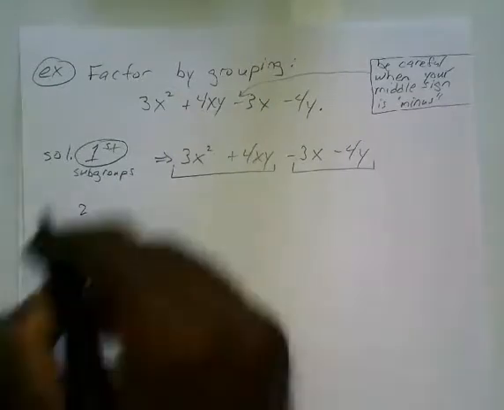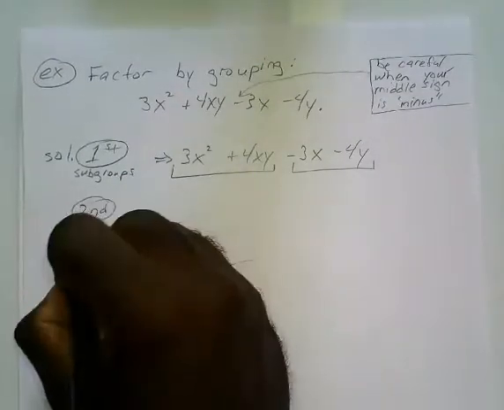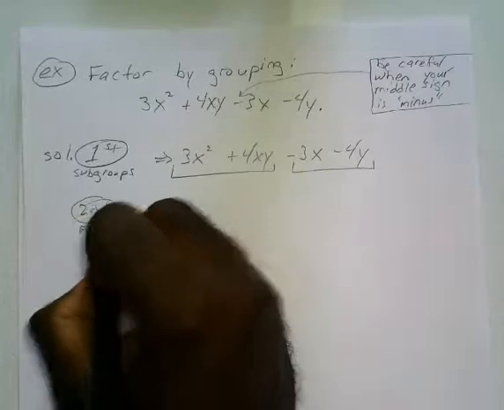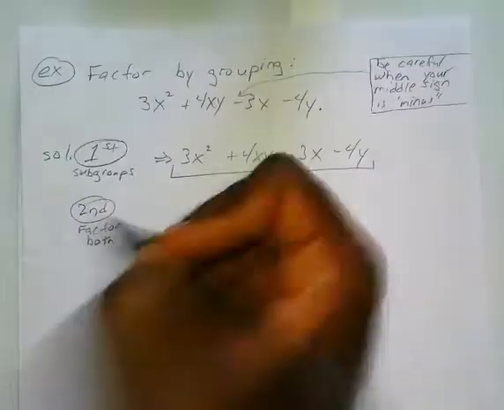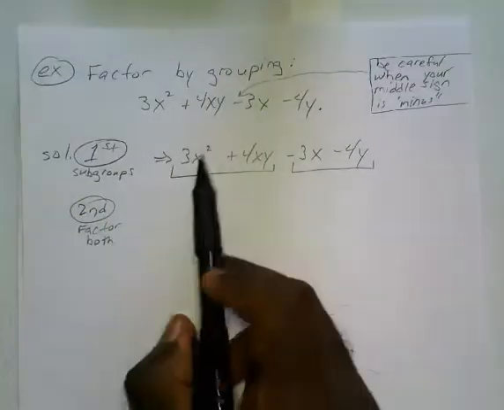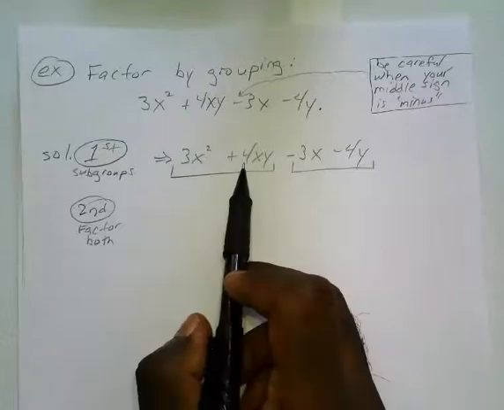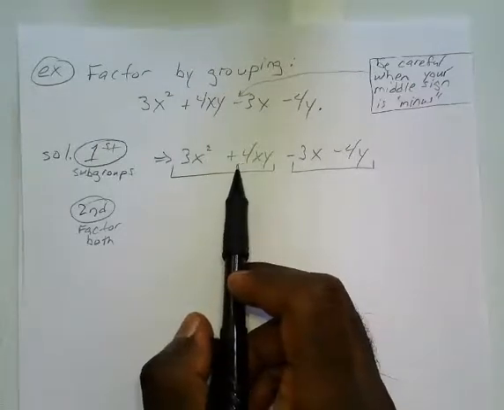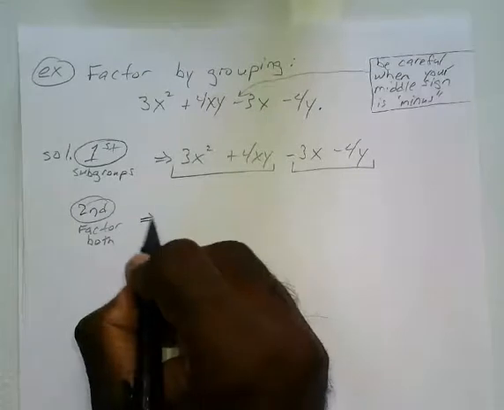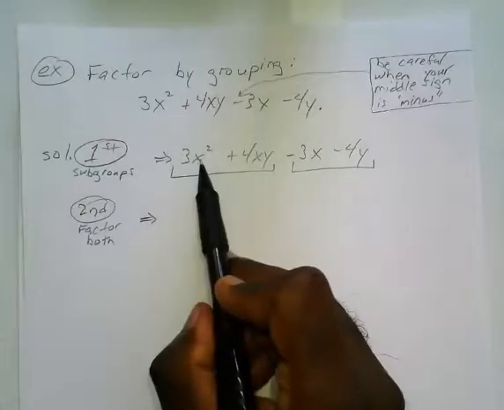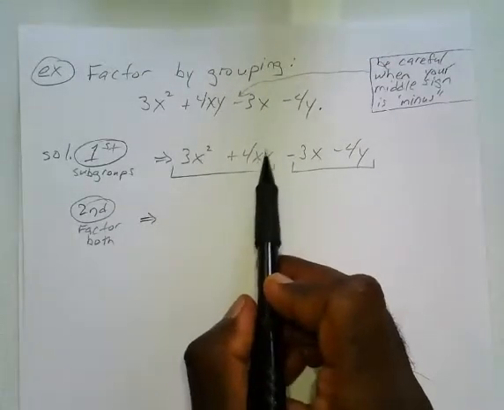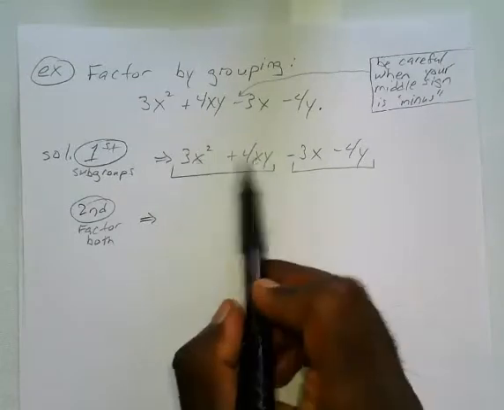Okay, so our second step, we're going to factor both of them. So 3 and 4, you do not have a common factor for those two numerical values, but you have x squared and x, or this is just x to the first power, so you can factor out an x.